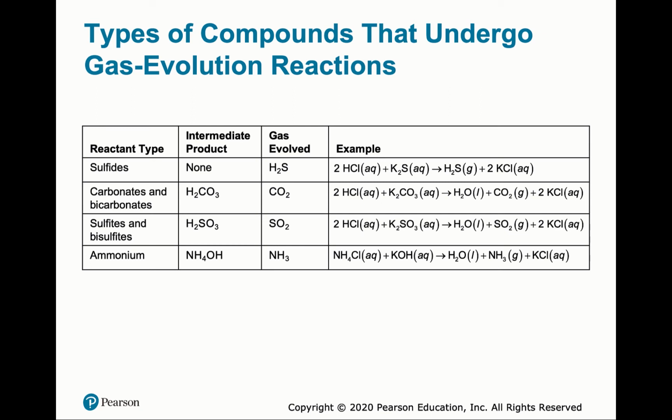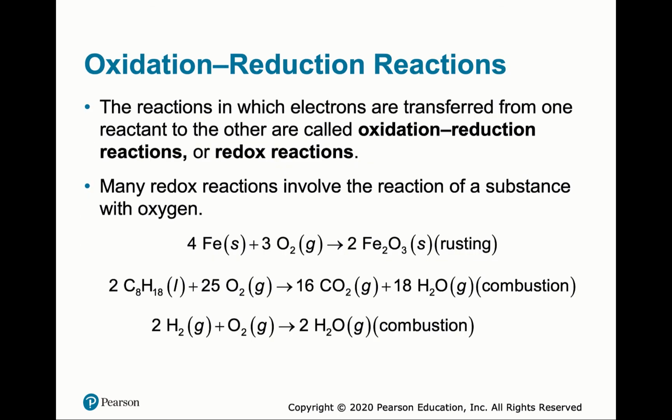By the intermediate, you can form molecules like carbonic acid, H2CO3, sulfurous acid, H2SO3, and ammonium hydroxide. These are intermediates that keep it dissolved in water, then further break apart to form the other stuff.